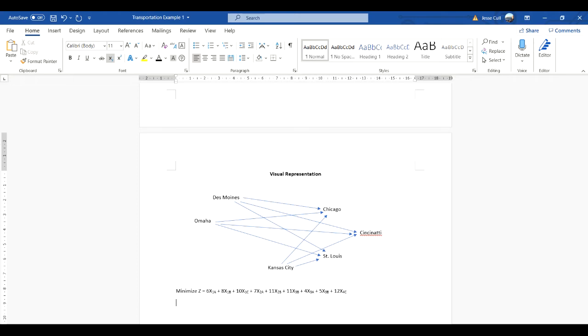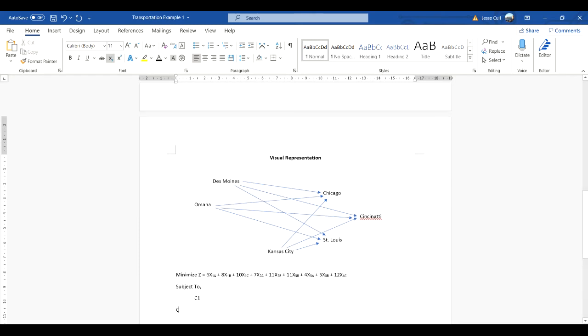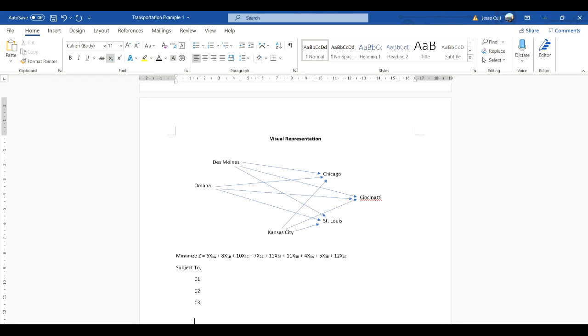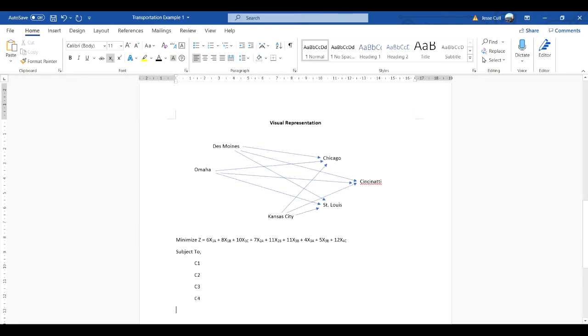But again, and as always, we have constraints. In this situation, we see that we're going to have 6 constraints. That's what we're seeing here.